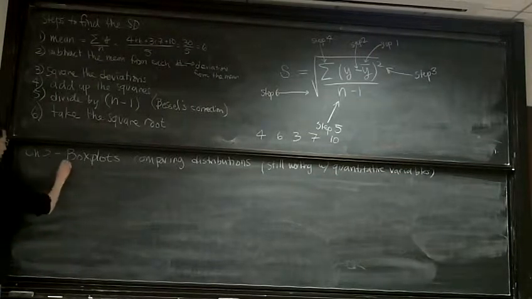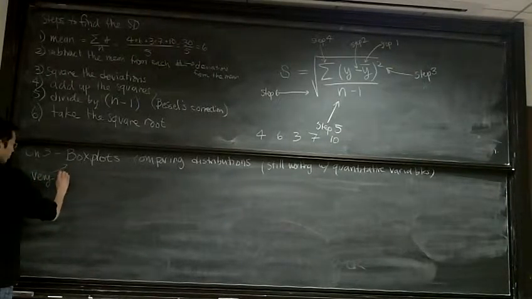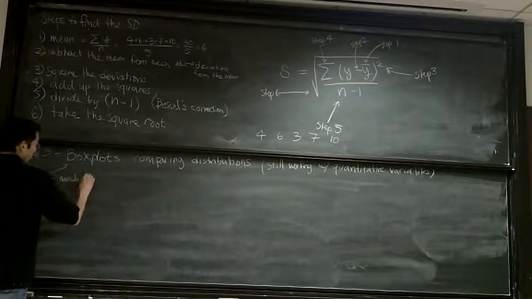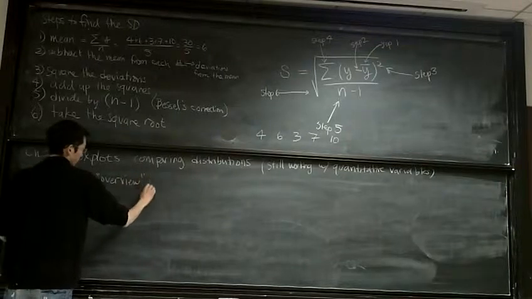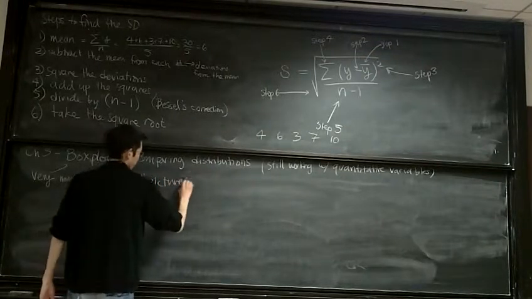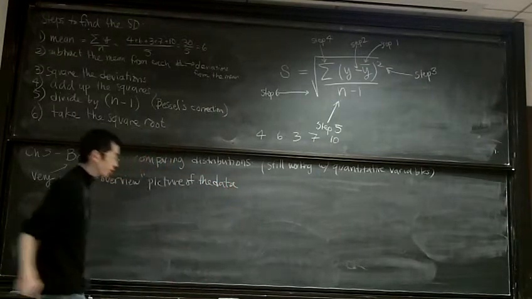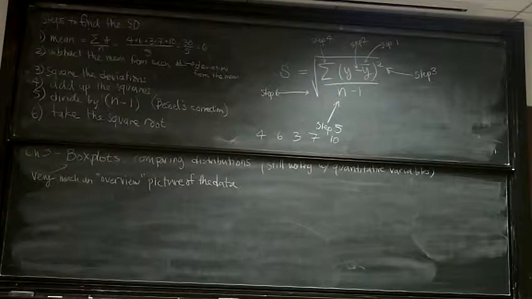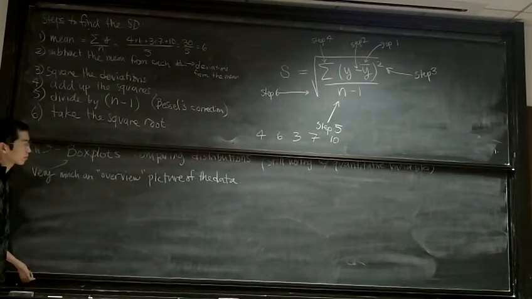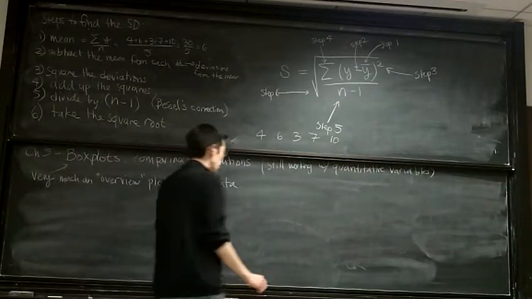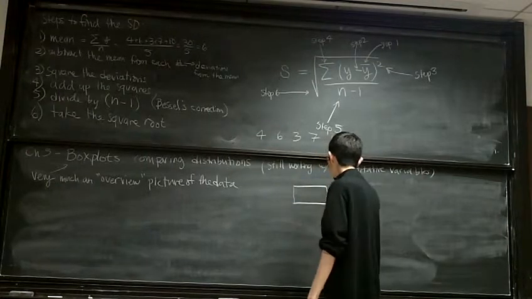So this is very much an overview picture of the data or distribution. What a box plot looks like is you have a box.